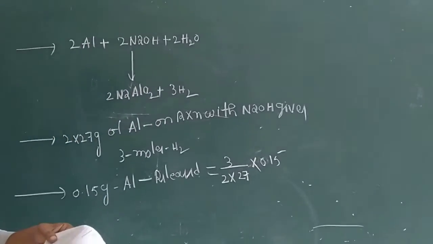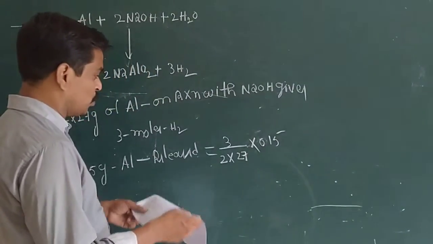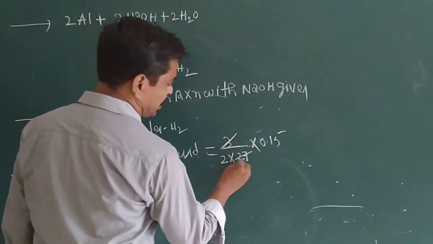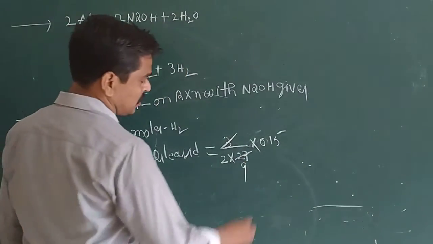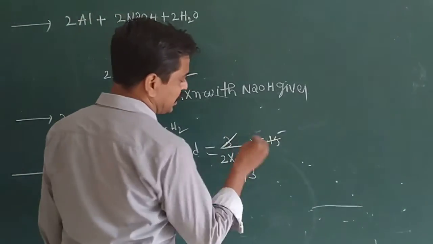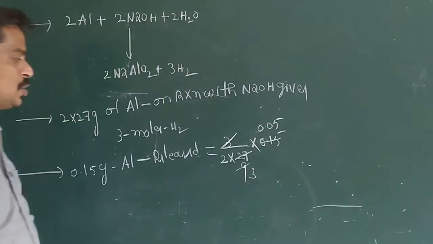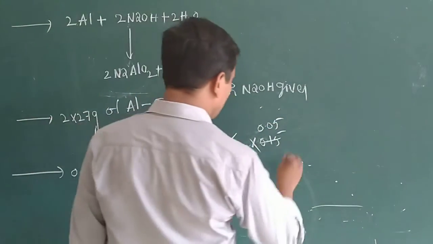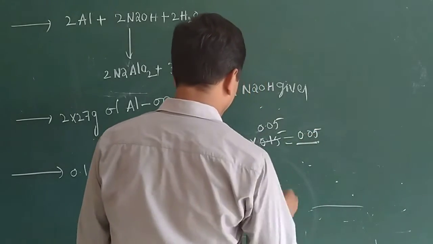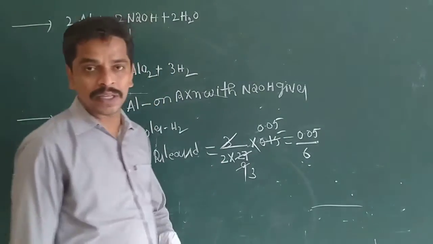The number of moles you obtain is 0.05 by 6, because 3 into 2 number of moles obtained to you.